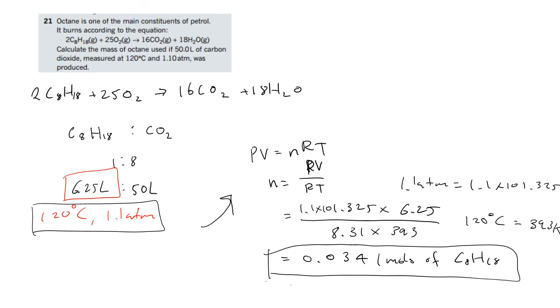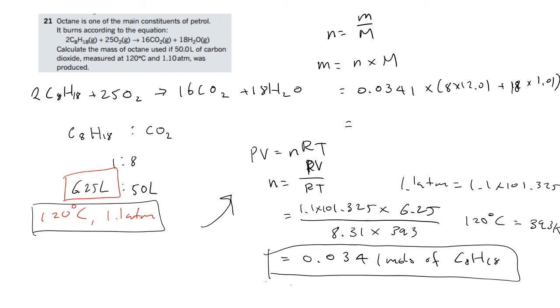Our final step is to convert the number of moles to mass. Number of moles is equal to mass over molar mass, so the mass equals the number of moles times the molar mass. 0.0341 times the molar mass of octane, which is 8 times 12.01, that's 8 carbons, plus 18 times 1.01, and that is equal to 3.896 grams.